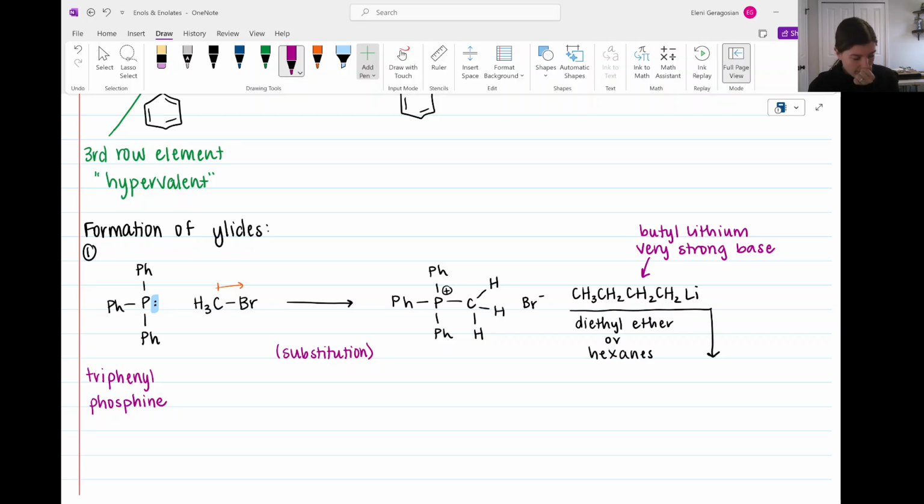Because this is a strong base, it can remove one of the hydrogens from the CH3. And that would produce, if we remove a hydrogen, then we've got a lone pair on that carbon.